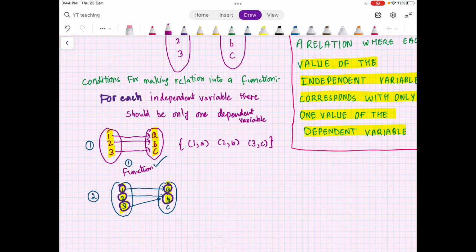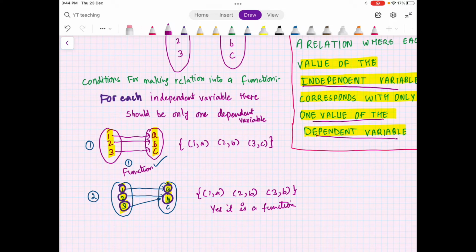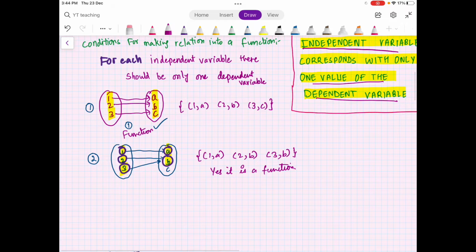That is true. So here I can write it as 1a, 2b, 3b. So yes, this is a function, because the condition that each independent variable has only one corresponding dependent variable is true, right? So we can look at more examples.